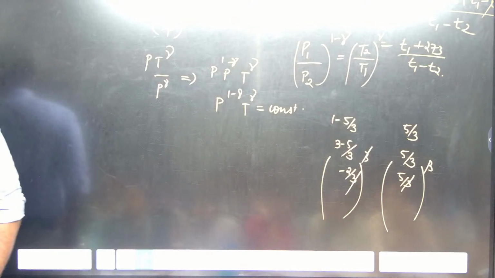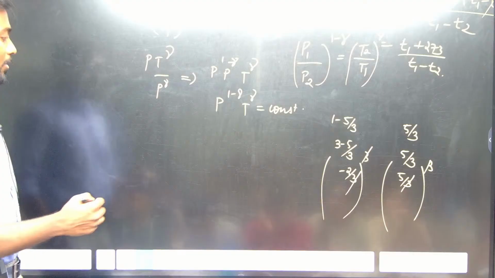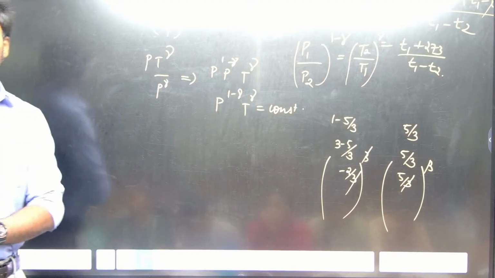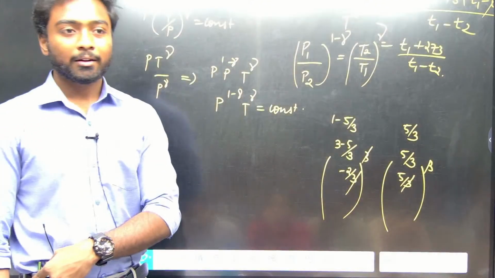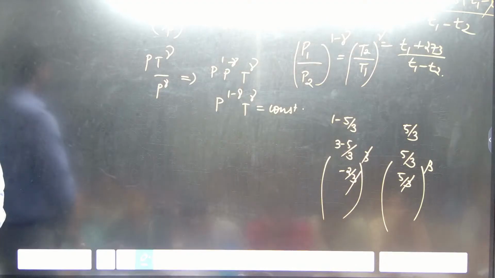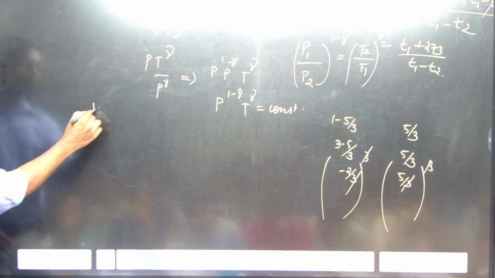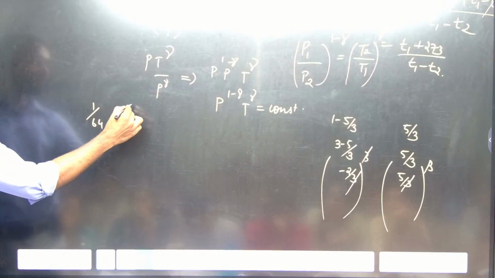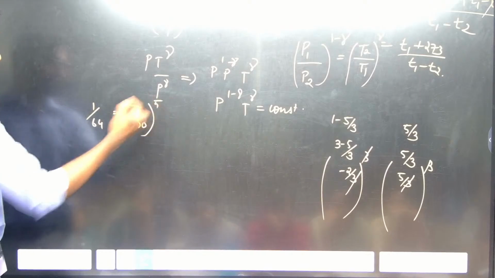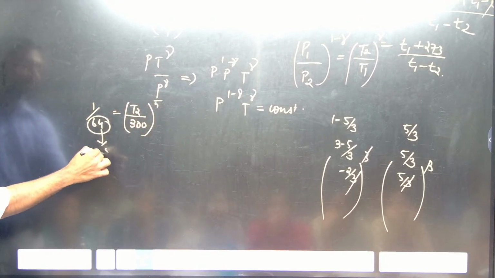So what is the equation you got? Where did you get stuck with the equation? Tell the equation. 1 by 64. Tell the equation, madam. 1 by 64 is equal to T2 by 300 power 5. Right now? So can I write this in terms of 2 power 5?